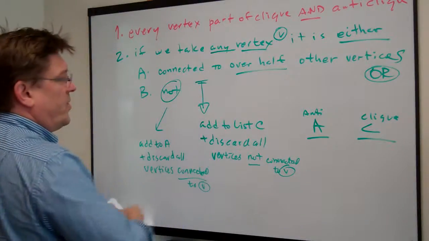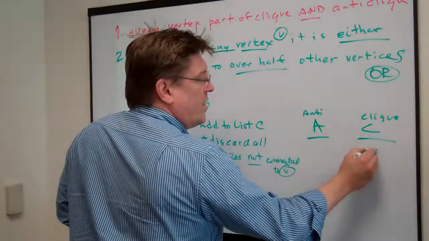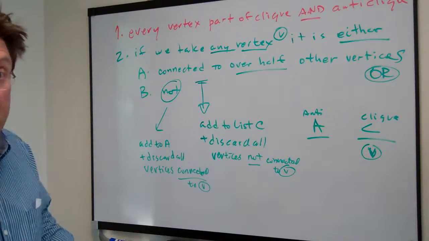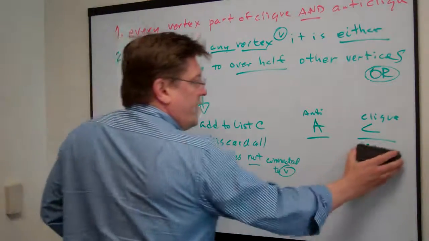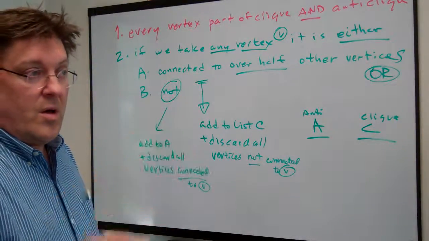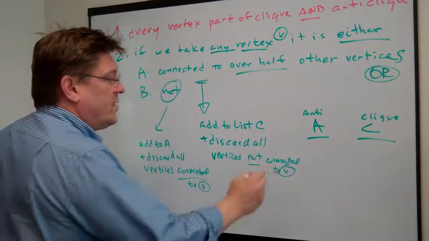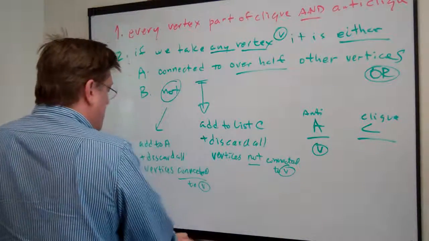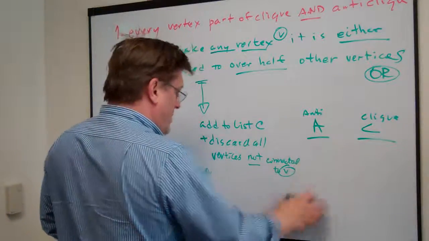So in this case, let's suppose V was in a clique, we put V over here, and we discard all the other ones that are not connected to it. If it does not have more than half of the vertices connected, then we put it over here, and we would disconnect all the ones that are connected to it.